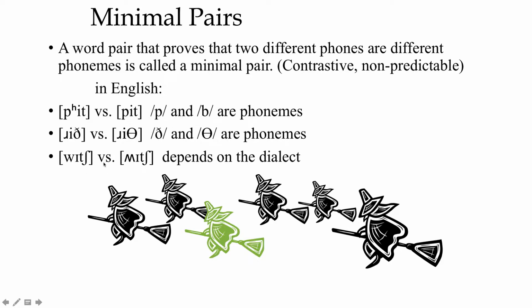This is an interesting case of a minimal pair where it would really depend on the dialect or the accent that I'm going for. So for most American English speakers, which and witch, there's no difference in meaning between them. If I see all of these and I'm asking the question, which is green, the dialect I grew up speaking, I would use this one both times, which is green.